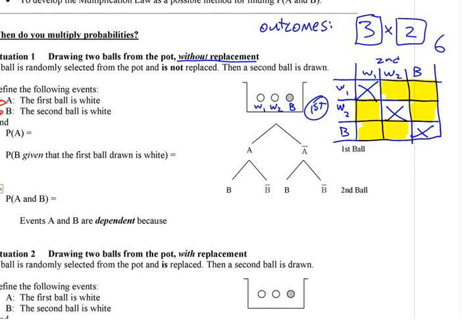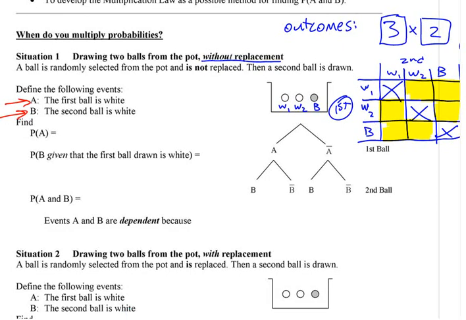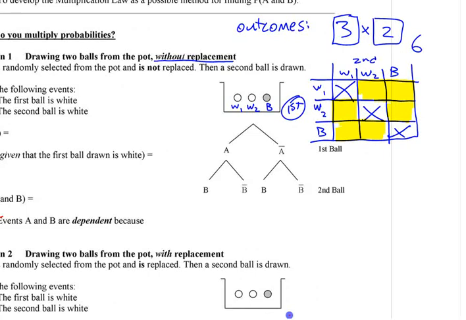What we're looking for here is the chance of A and B. What's the chance that both of them are white, right? That they're both white, A and B, because this says first is white, second is white. Where are the ones that are both white?